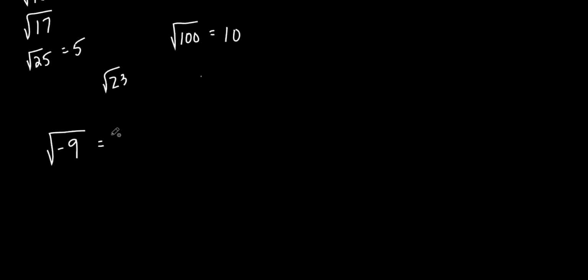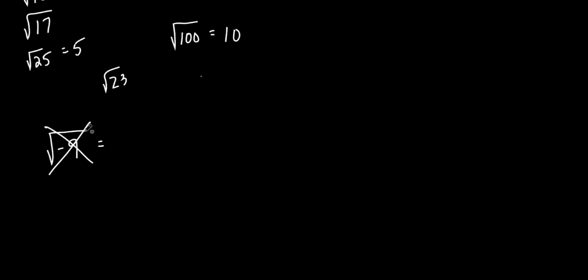At first glance. But remember, the two numbers have to be the same. Is negative 3 times negative 3 negative 9? No, it's positive 9, isn't it? So are there any two numbers that multiply together to give you negative anything? Of the same two numbers, I should say. No, there's nothing. So you cannot take the square root of a negative number.